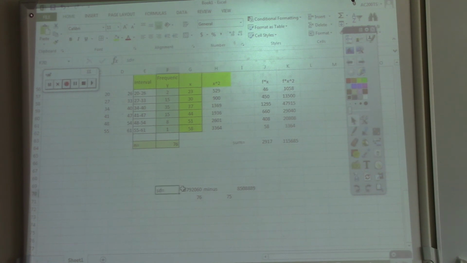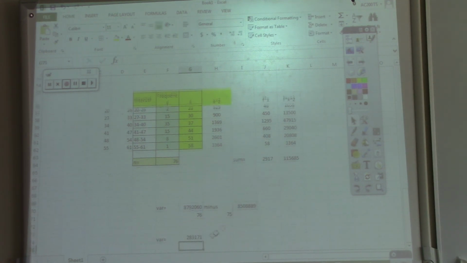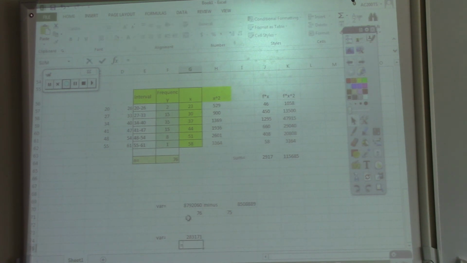And that's variance, not standard deviation. And that's going to be equal to this minus this over this times n minus 1.